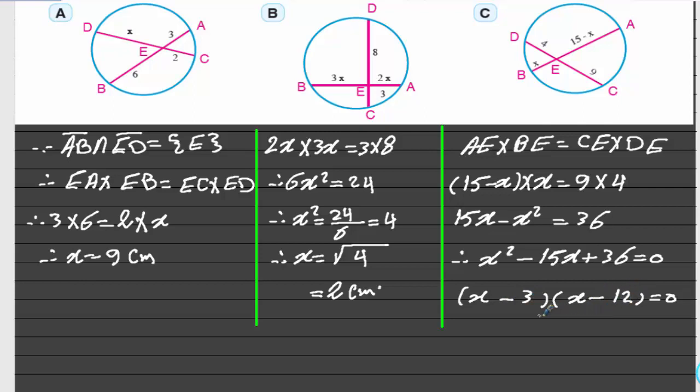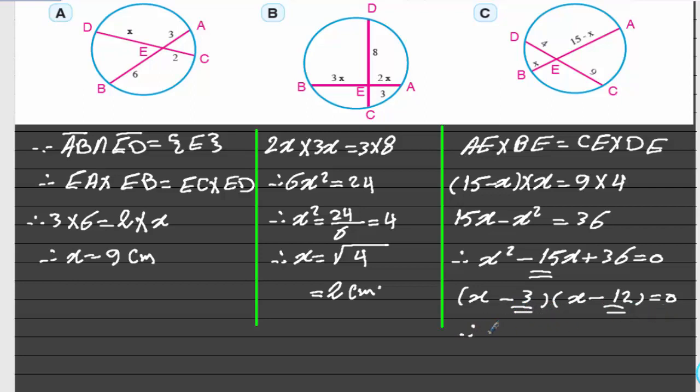Note that the sum of negative 3 and negative 12 is negative 15. So we have x minus 3 multiply x minus 12 equals 0.